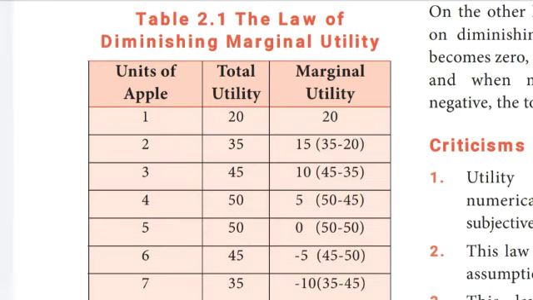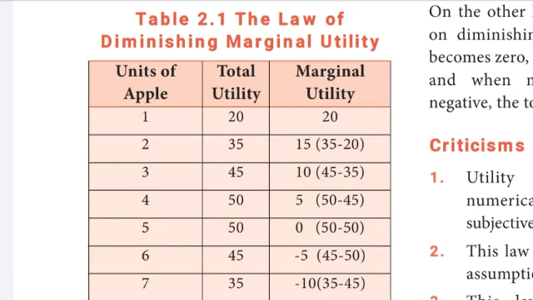Table 2.1 gives the utility derived by a person from successive units of consumption of apples. From table 2.1 and figure 2.1, it is very clear that the marginal utility goes on declining. The consumer derives 20 units of utility from the first apple he consumes.